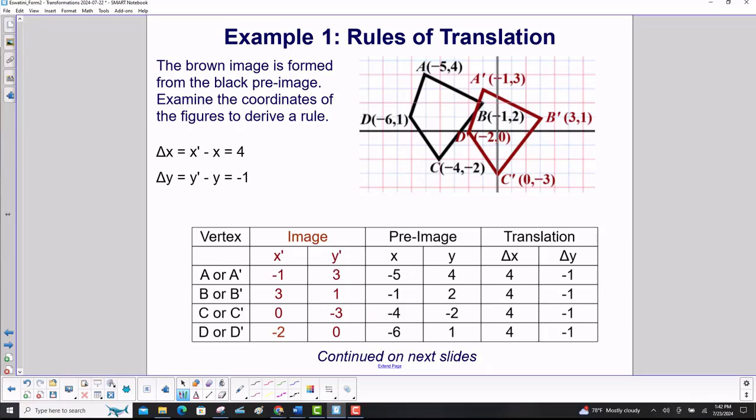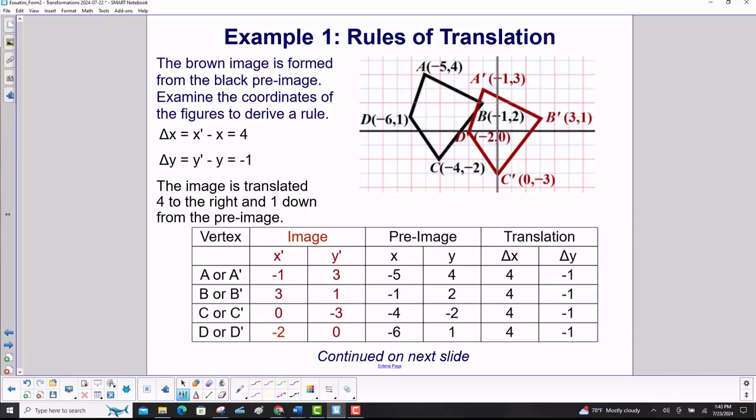Now we want to find our rule, and delta x, right over here, that was x prime minus x, and that came out to be 4. Delta y is y prime minus y, and that's negative 1. In words, the image is translated 4 to the right and 1 down from the pre-image.